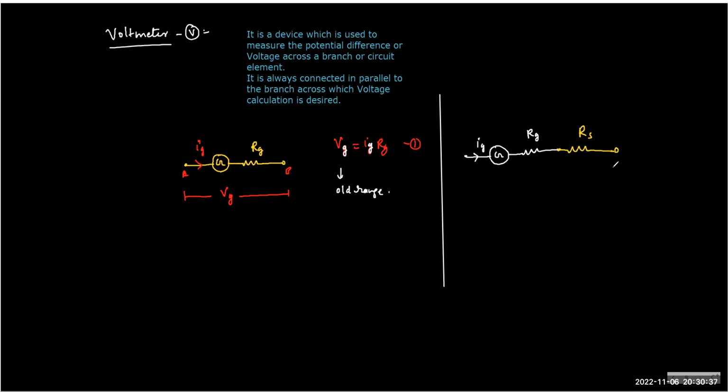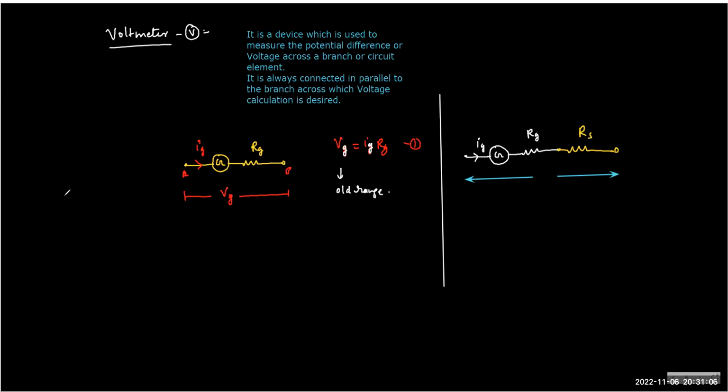Because you want to increase the range of operation, should the shunt be bigger or smaller? Bigger. Not just bigger, much bigger, because we want to operate under certain conditions, maybe 1,000 times more.